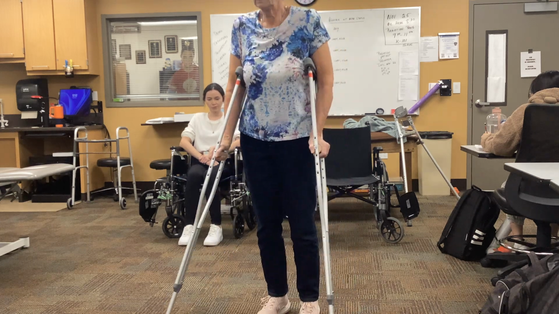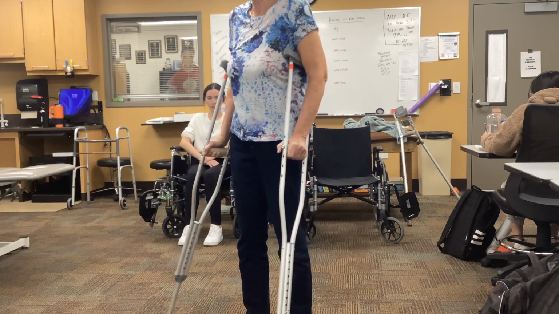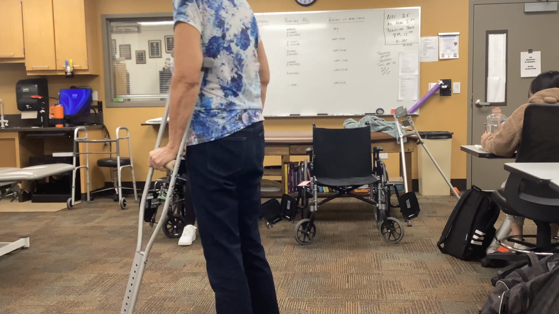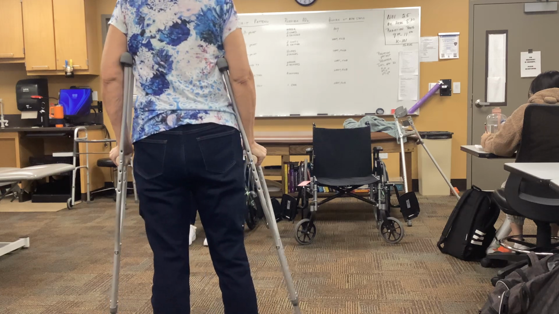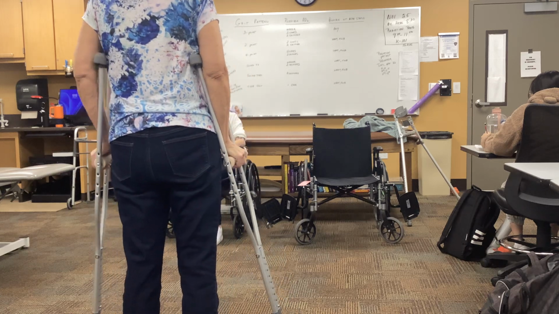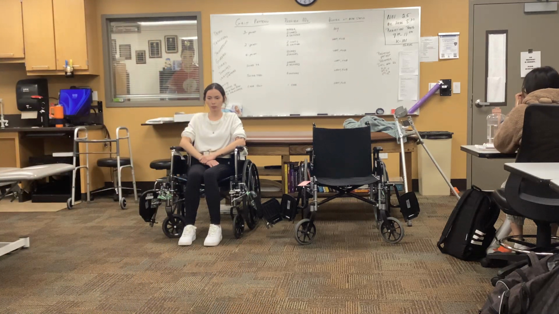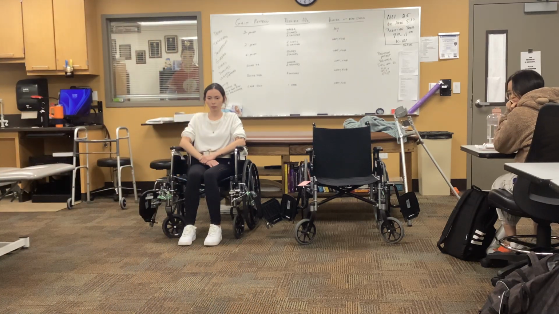Add a little bit of turning to the stronger side, same pattern, just making small turns. Okay. Now I'm just going to back up a little bit more so you can see. A progression of the swing 2 is then the swing through. A little more fluid, a little more energy efficient.